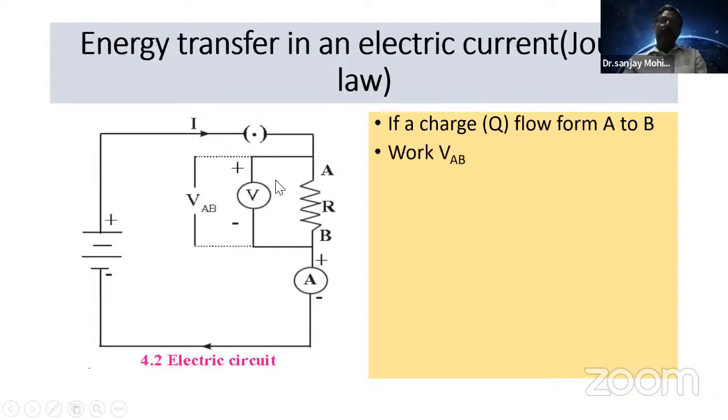If V is the potential difference connected between the two terminals, that is across the resistance, then the charge will move from point A to point B. And when it moves from point A to point B, the work done is given by the formula V is equal to W upon Q. That is the potential difference in the circuit.